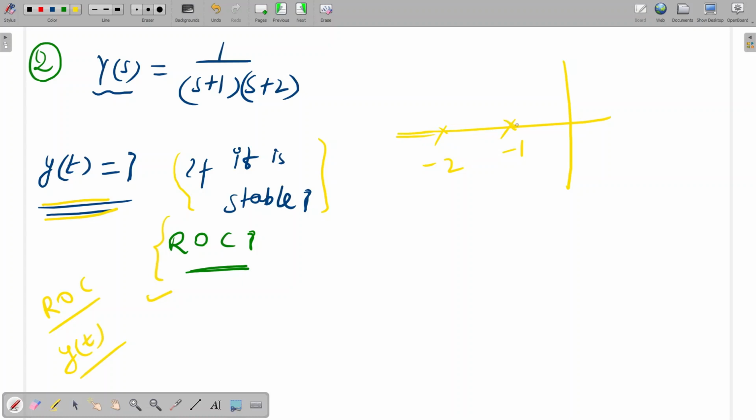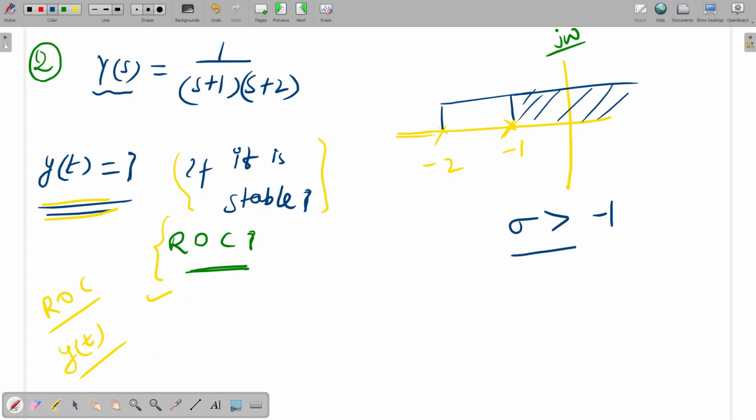Correct. For stability, what is the condition? It should include the j omega axis. Here this should be greater than this one, and this should be greater than this one. Then only this will be the common ROC. So the ROC is sigma greater than -1.